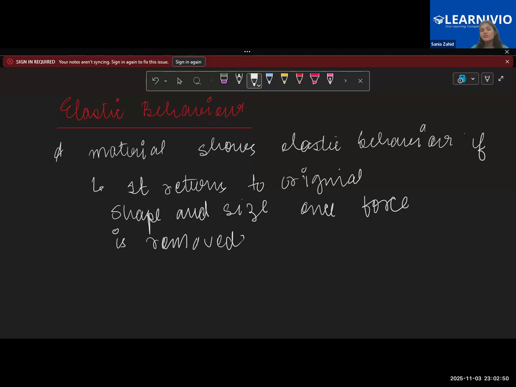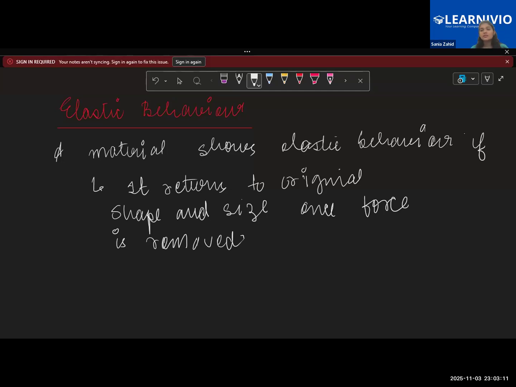That is called elastic behavior. For example, clay. You can stretch clay, but does it return back to its position once force is removed? No. A rubber band can also be stretched. So clay can be stretched, a rubber band can be stretched. But which is elastic?